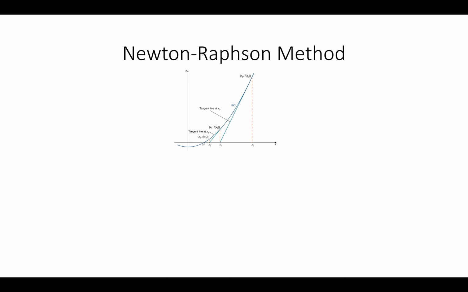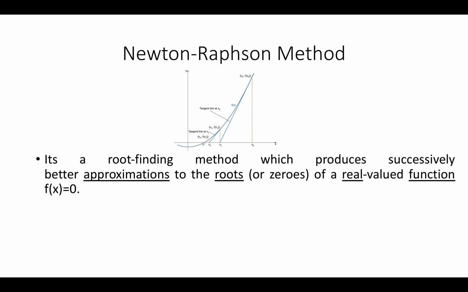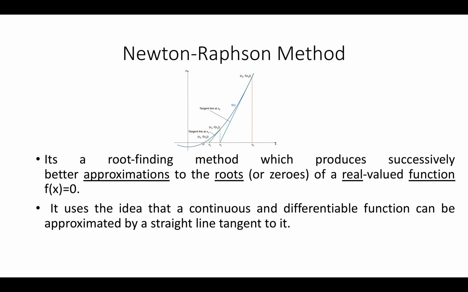So, Newton-Raphson method is a root finding method which produces successively better approximations to the roots of a real valued function f(x) equal to 0. It uses the idea that a continuous and differentiable function can be approximated by a straight line tangent to it.